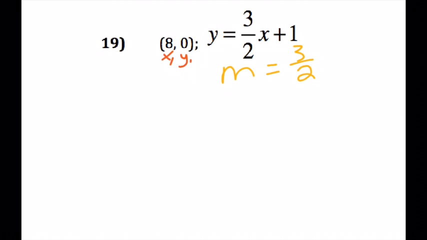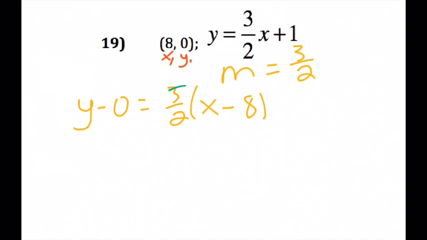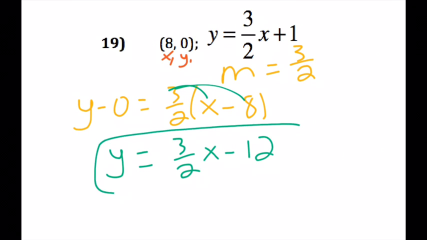So we're going to plug this in as y subtract 0 equals 3/2 parenthesis x subtract 8. Distribute the 3/2 through. Now y minus 0 is y equals 3/2 x minus 3/2 of 8 is 12. So that is our answer for 19.